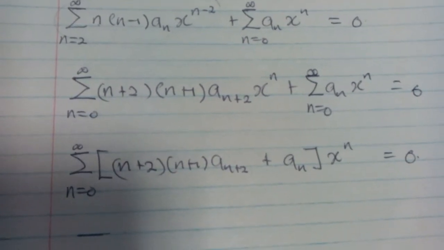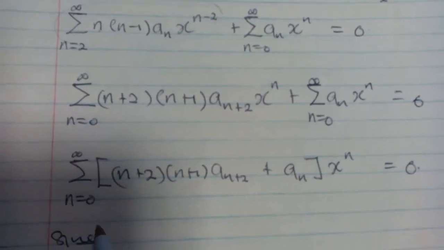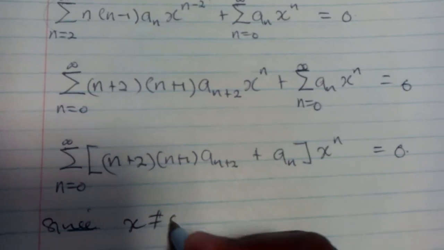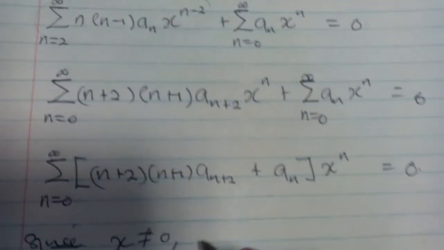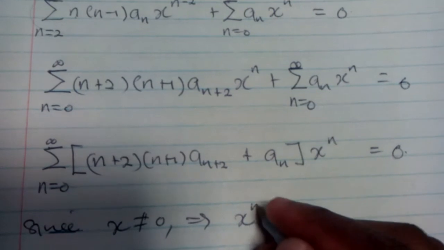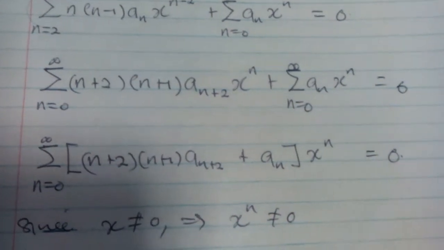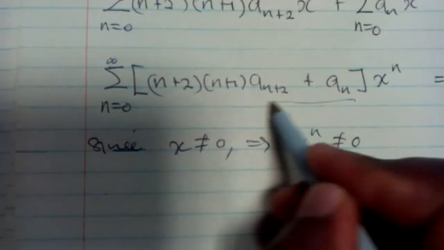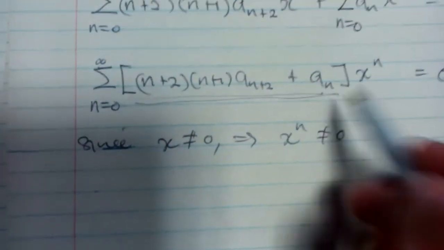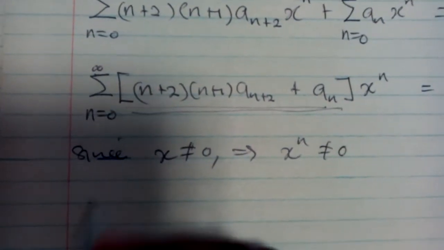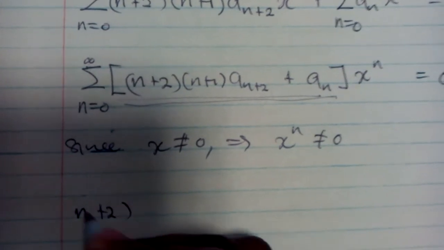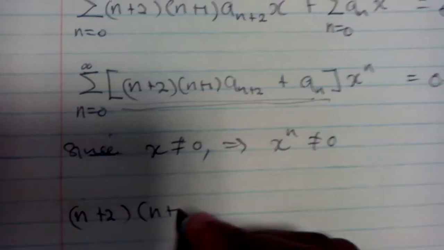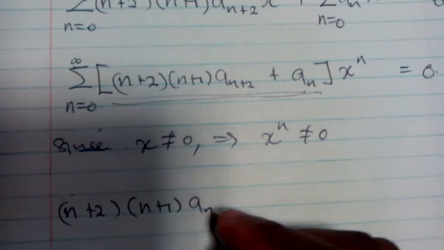Right. Now, since x is not equal to 0, this implies x to the n is not equal to 0. So this expression can only be equal to 0 if the term inside the square bracket is equal to 0. So we have to solve this recurrence equation here.